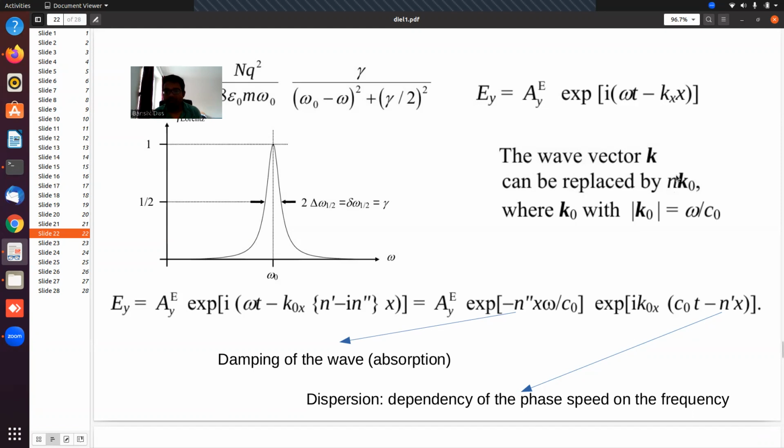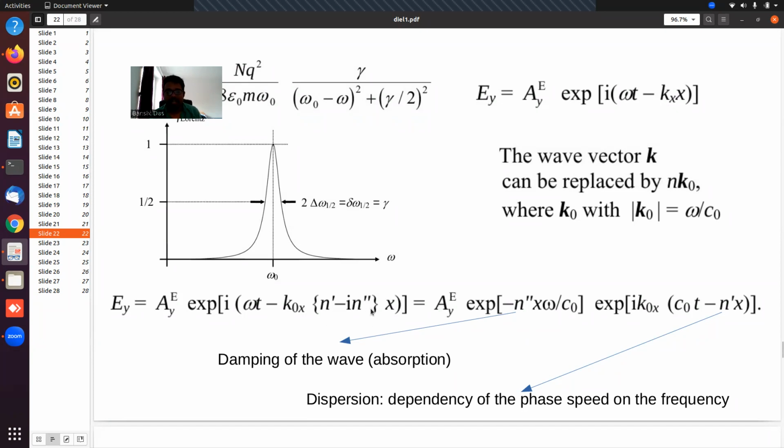So k equals n k0. This can be directly derived from n, the refractive index, equal to the velocity of light in vacuum divided by the velocity of light in that medium. From there, the wave vector has an inverse relationship with the velocity. So k equals n k0. If we put that n k0 here, and n has two parts, one real and one imaginary, n can be expressed in this way.